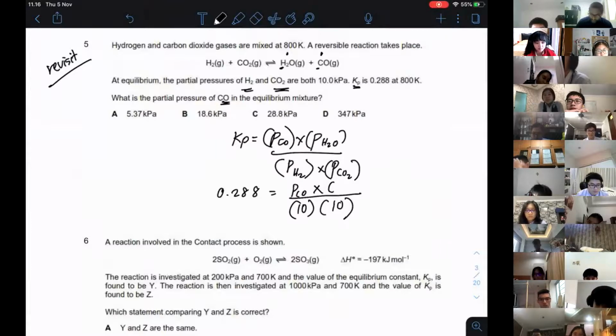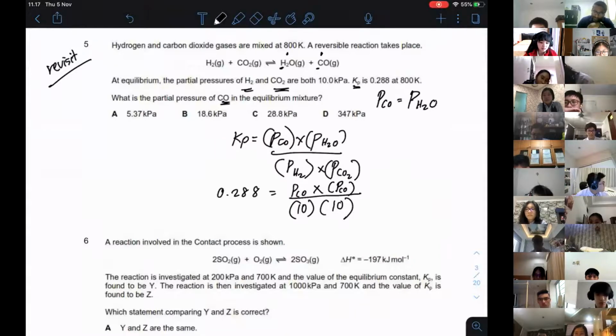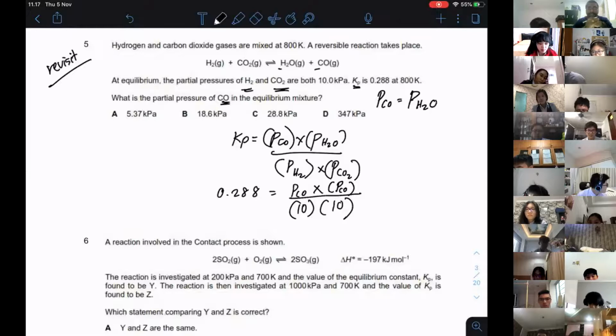So I can just simply say this is the same, PCO. Basically, the partial pressure of CO is the same as the partial pressure of H2O. Why? Because 1 and 1. Be very certain on this. If you are not sure, please refer to the part that I said I will revisit later. I can share the work document to you later.